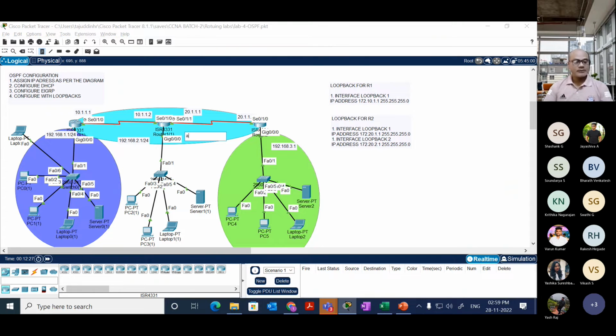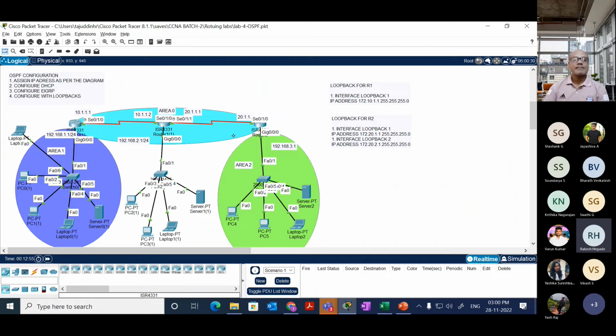This is my area 0, this is area 1, and this is area 2.